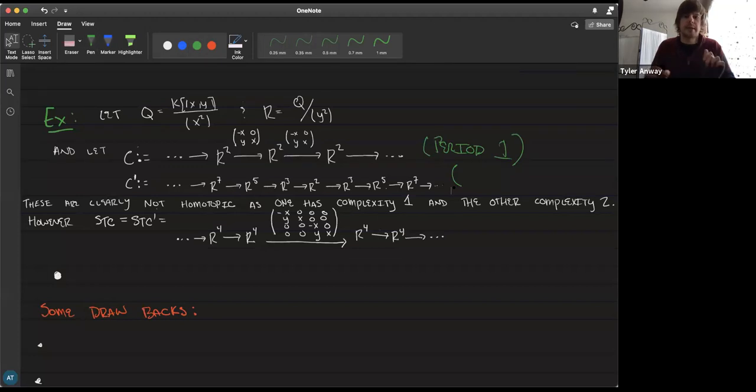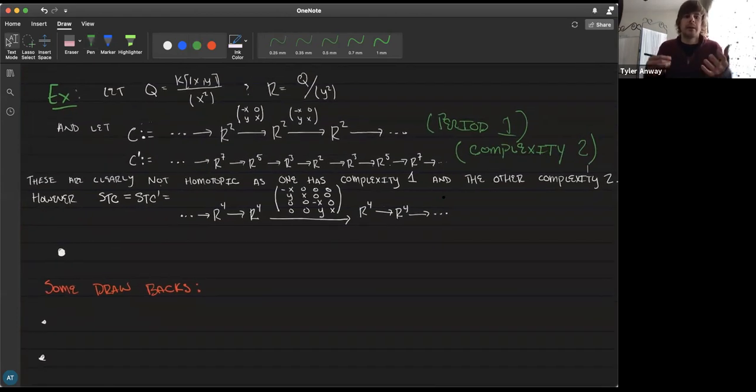If anybody's interested, I can give you the differentials, or how to define this complex, later on. But specifically, it has complexity 2, right? Because it has linear growth of the Betti numbers. Now, these are clearly not homotopic, as one is complexity 1, the other complexity 2.